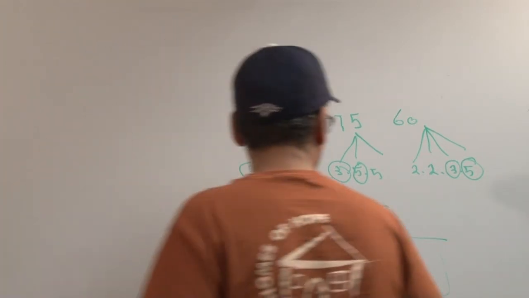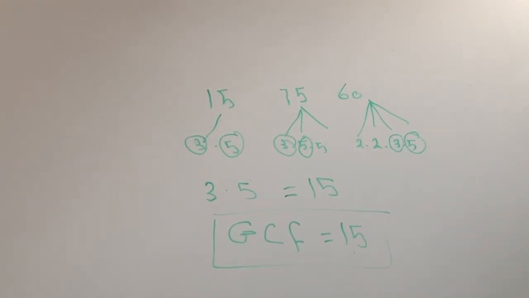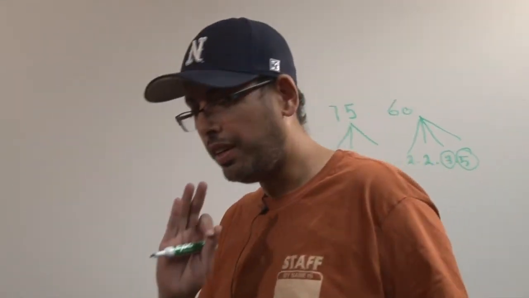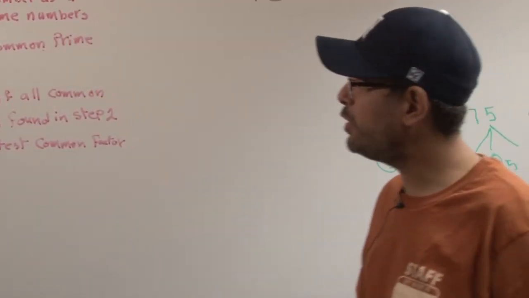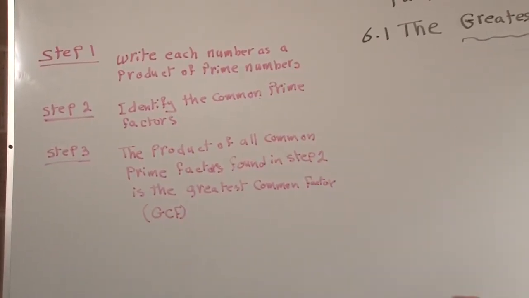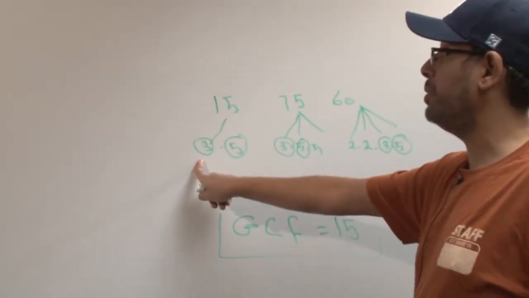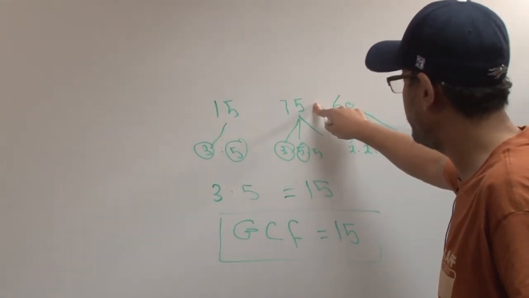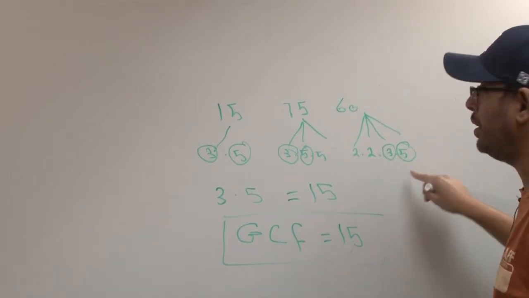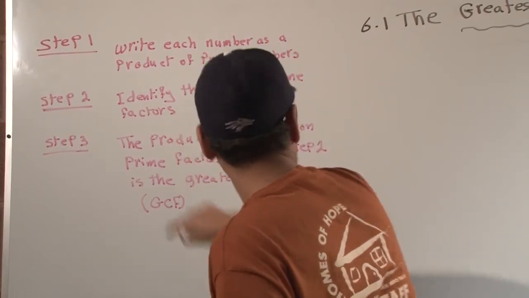Okay. From those ideas, we can get the steps to calculate the greatest common factor. There are 3 steps. The first step: write each number as a product of prime numbers. As we did here, we write 15 as 3 times 5, 75 as 3 times 5 times 5, and 60 as 2, 2, 3, 5. Step 2: identify the common prime factors.